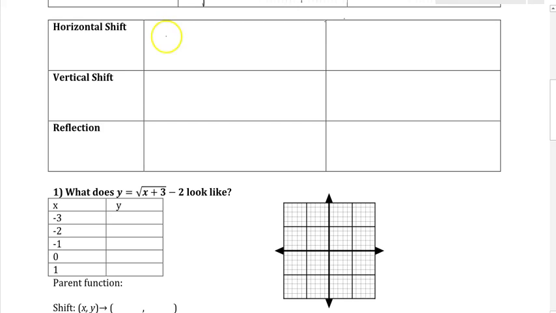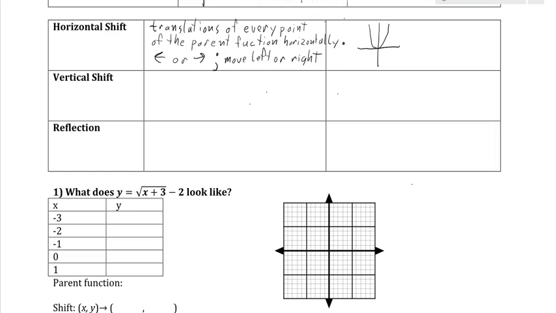So remember that horizontal shifts are where we're moving every point horizontally, left or right. Yesterday we saw this with our parabolas. We would move the points however far our horizontal shift was, so that we would then get our transformed parabola.